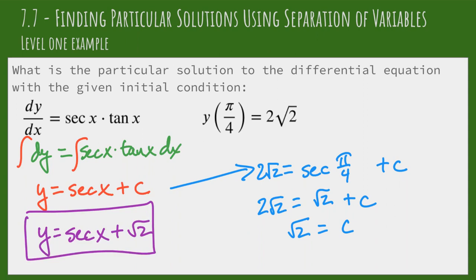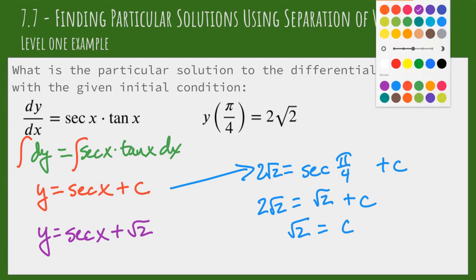I do want to point out here, we do need to restrict the domain this time. Let me get rid of that box. This time because secant, our solution here, has discontinuities anywhere that cosine is equal to 0. So it's going to have discontinuities at pi over 2, 3 pi over 2, 5 pi over 2, negative pi over 2.